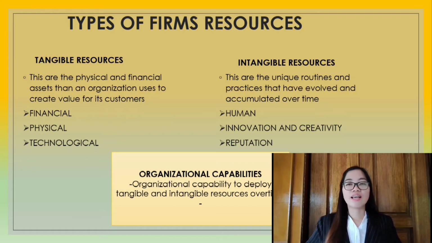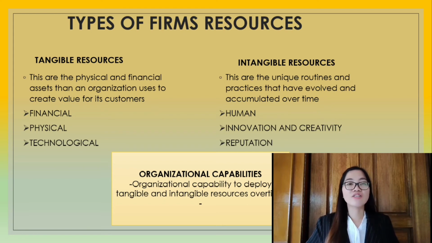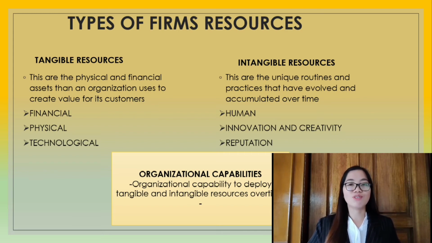They are physical and financial assets of the firm. Second, we have the intangible resources, which include human, innovation and creativity, and reputation. These resources are difficult to imitate for competitors. Lastly is the organizational capabilities. These are the competencies or skills that a firm employs to transform inputs to outputs.